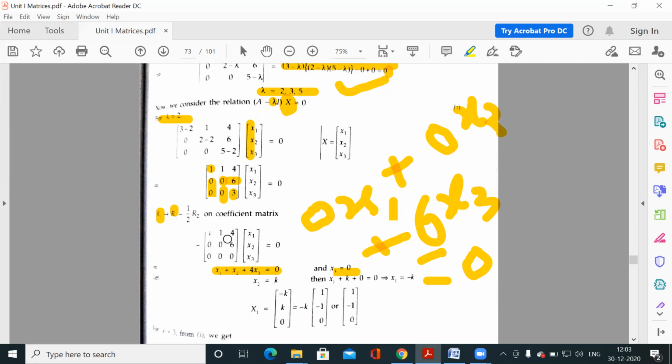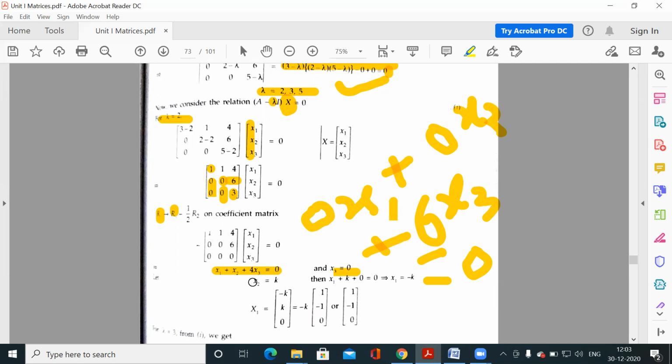So how many columns are there? 3. Or you can say the number of variables minus rank of that matrix. So how many variables are there? 3. And what is rank? 2. So 3 minus 2, 1. So one variable would be independent here.